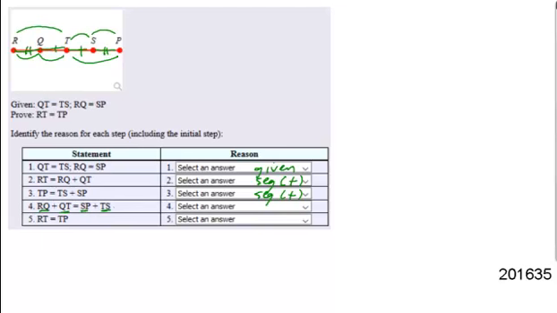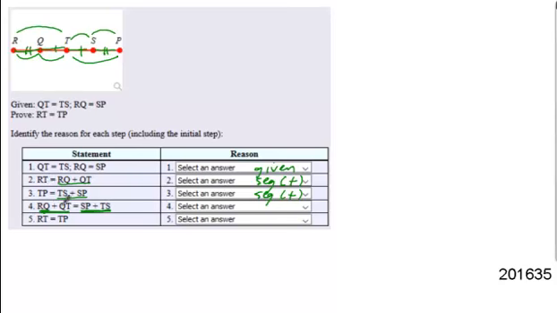Or if we had these two statements somewhere earlier in our proof. Do we see RQ plus QT somewhere earlier? Yes. SP plus TS, it's in a different order, but yes. Are those set equal to the exact same thing? No. So that's not transitive property, but again, that's where your mind should go. Test for transitive property first.